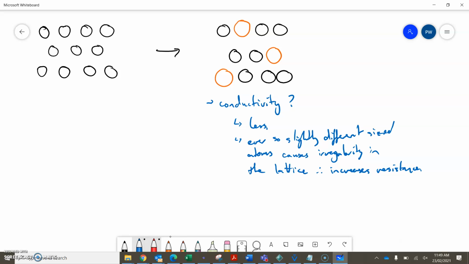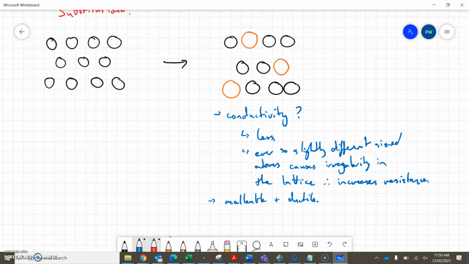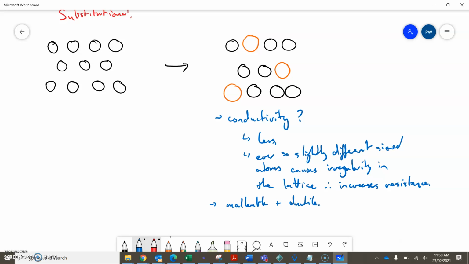Substitutional alloys tend to be slightly more malleable and ductile. The reason for that is that the lattice structure is not held quite as strongly together and allows us to manipulate the metal a little bit more.